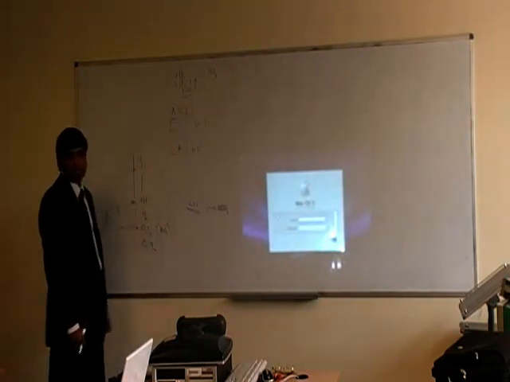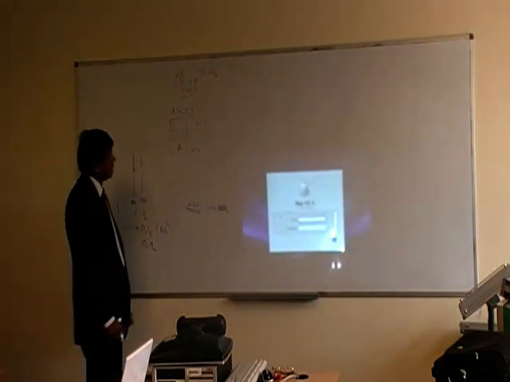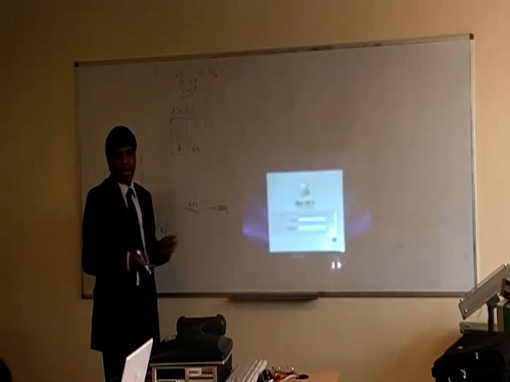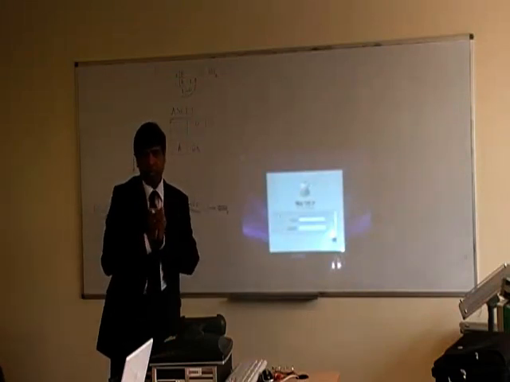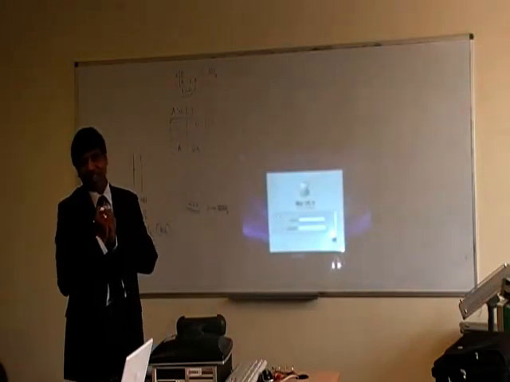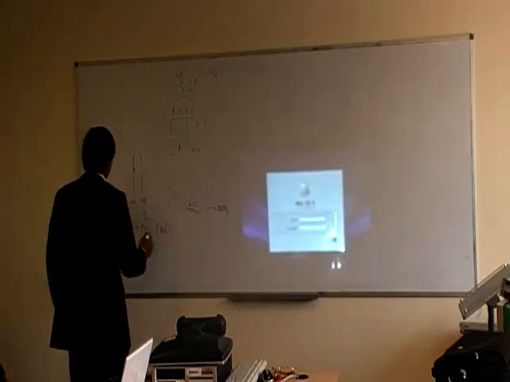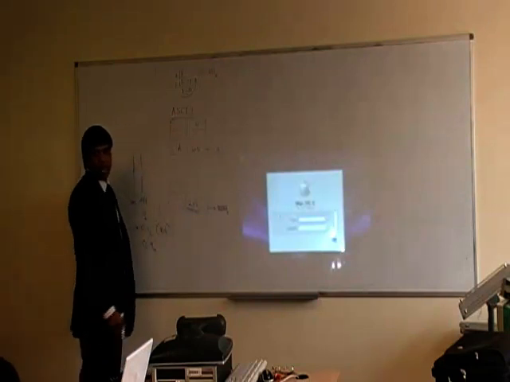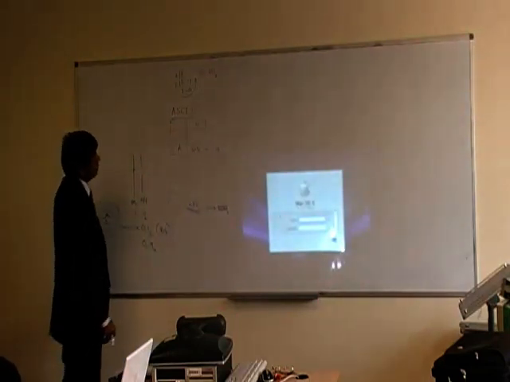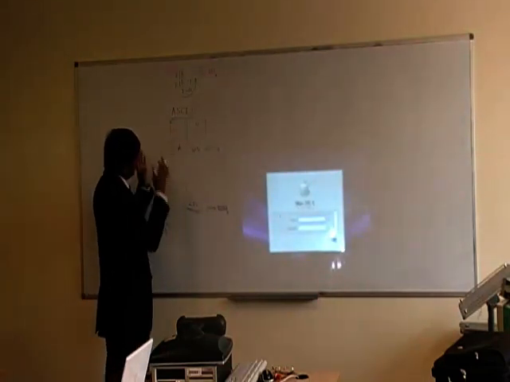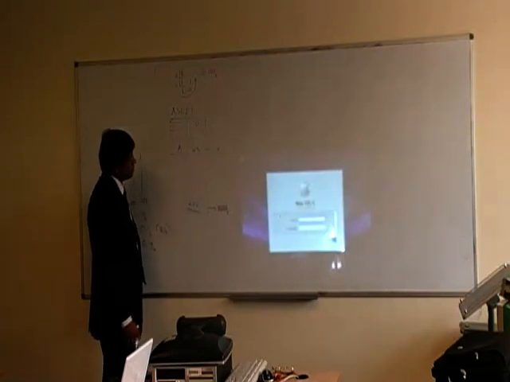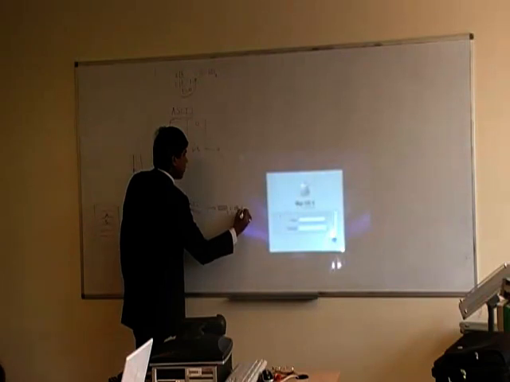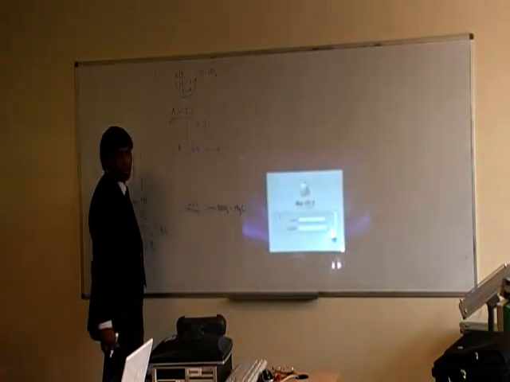So that's 8 bits, and with 8 bits we can store any of these characters. A is 65, and like that we can convert it to ones and zeros. By doing that, all the numbers can be converted to binary. 8 bits is called 1 byte.